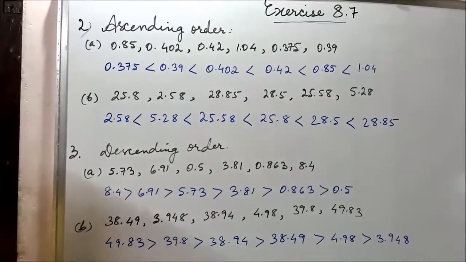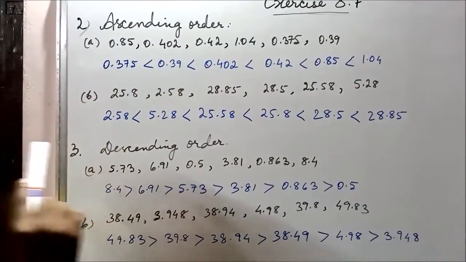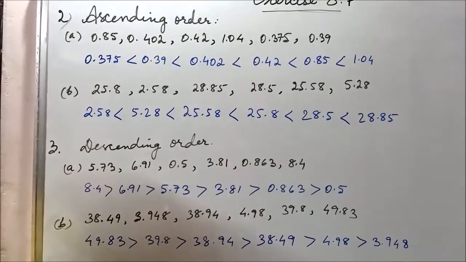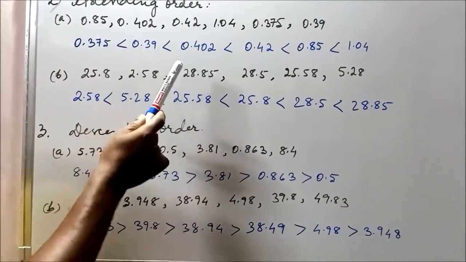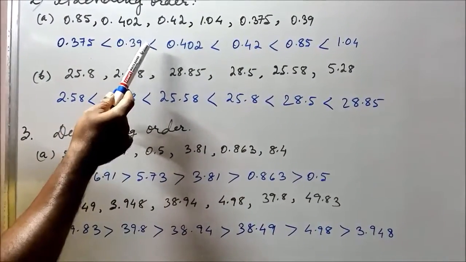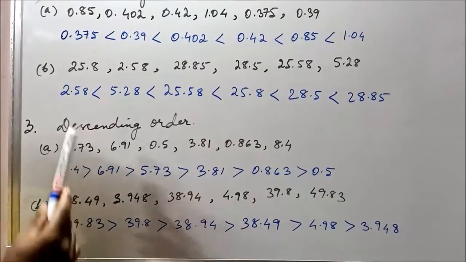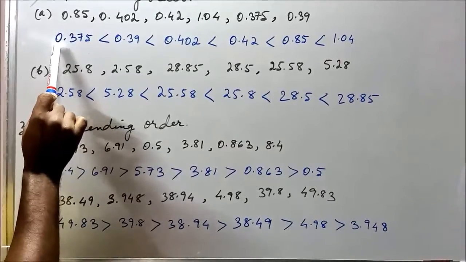Question number 2. Arrange the following in ascending order. So here the decimal numbers are given. Now in the first question, as we have compared two decimal numbers, greater and smaller, the same criteria will be used here to write them in ascending order. First of all, we have to see the whole number part.